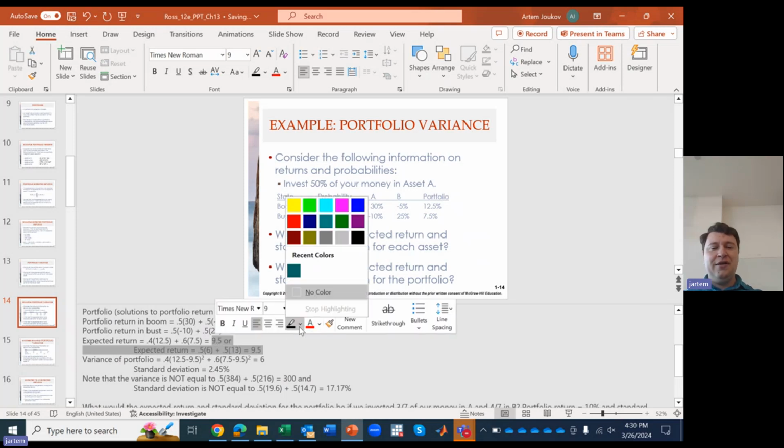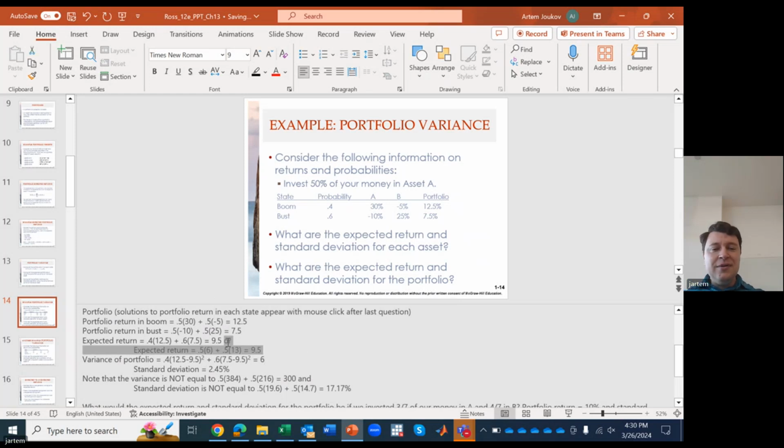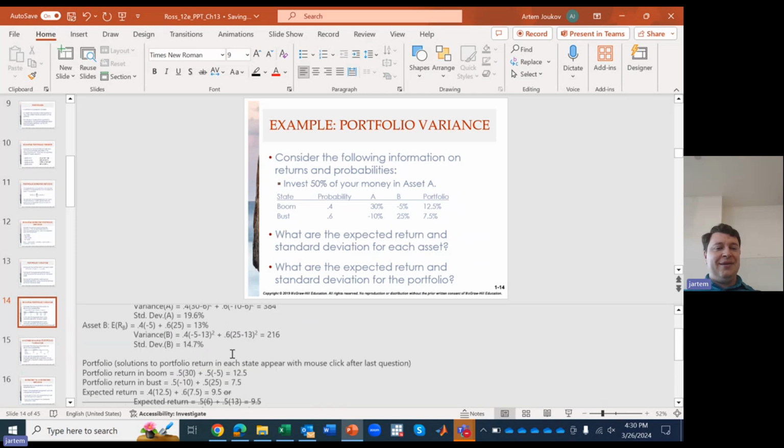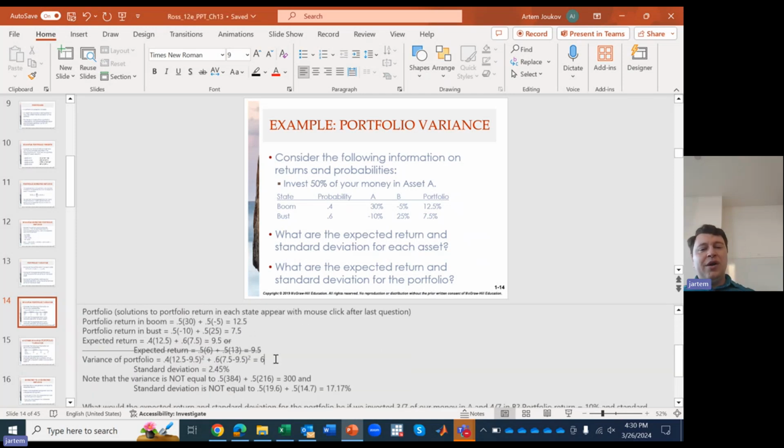What happened there? Okay, I had a cross through. There it is. Just ignore that. This is just here to confuse you because it references you back to these returns. But whatever the case is, you get an expected return of 9.5 from your portfolio.